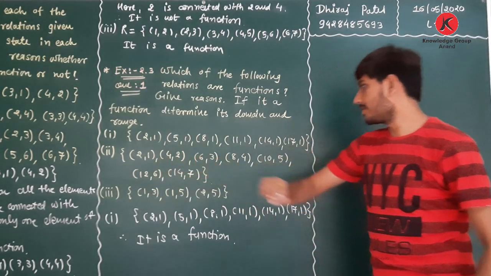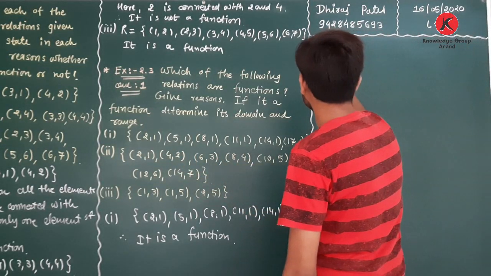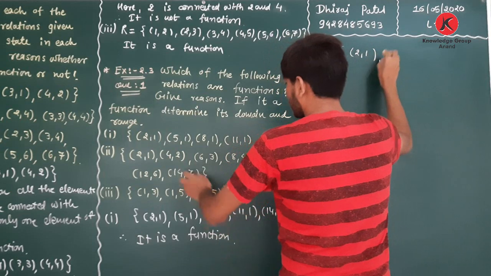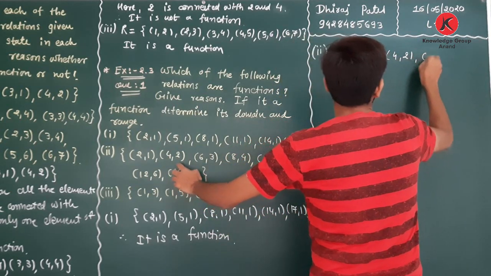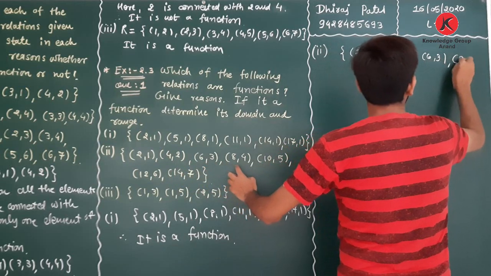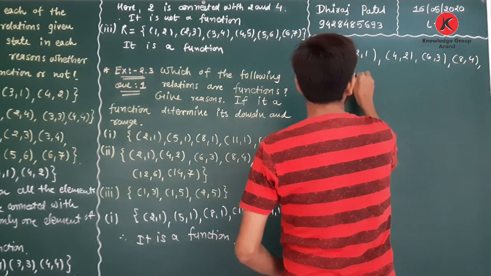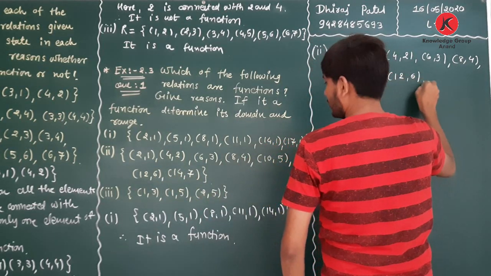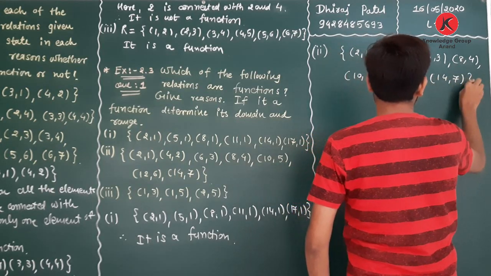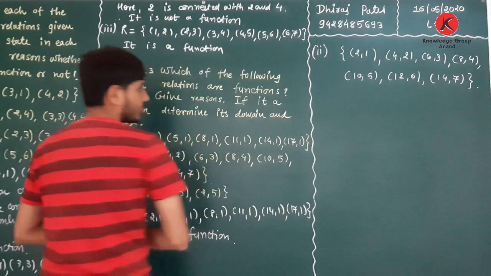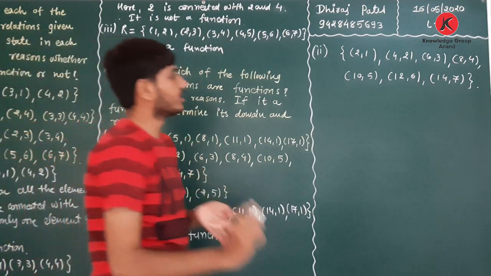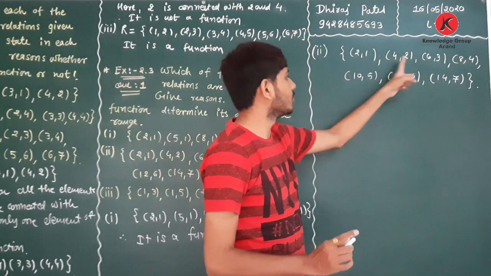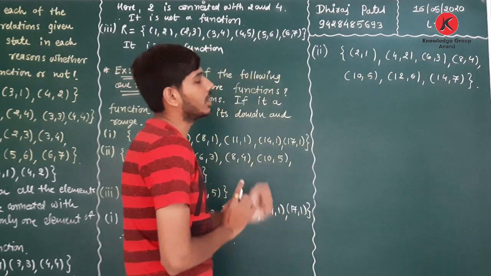Now we are going to discuss the second relation. The second relation is {(2,1), (4,2), (6,3), (8,4), (10,5), (12,6) and (14,7)}. Now check whether this is a function or not. You now know how to check: suppose 2 is in the domain, then no other ordered pair should come for it. Look and check. 4 also has only one, it is single, 6 is single, 8 is single.